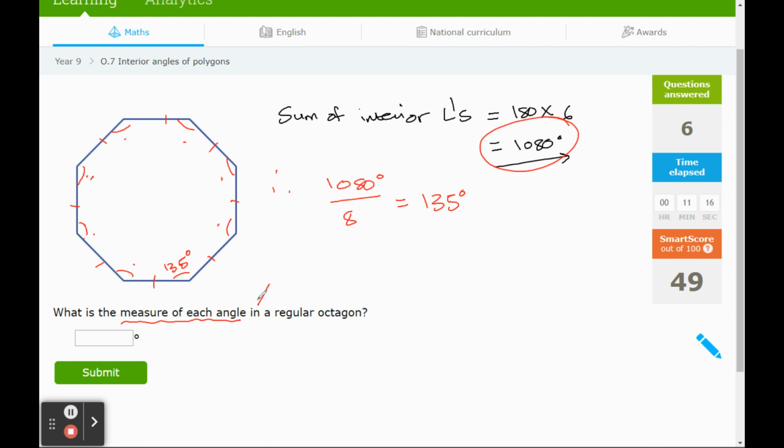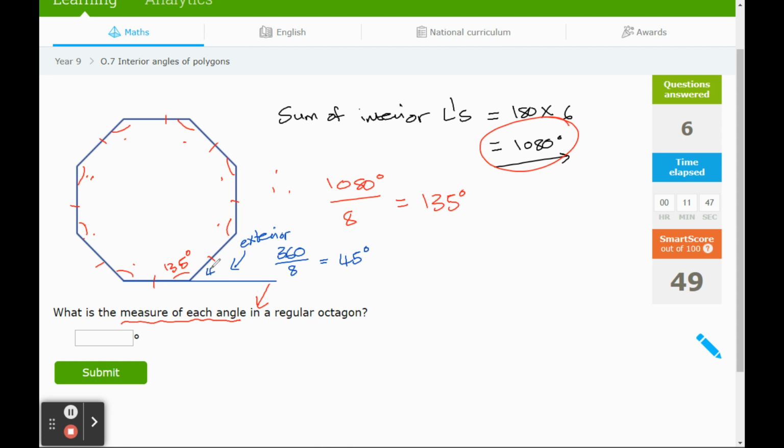And it says in a regular octagon. If we want to find the angle on the outside, that's called the exterior angle. And that would be, if I extend this line, then this angle on the outside becomes the exterior angle. The exterior angle is found using the formula 360 divided by the number of sides, and that is actually 45 degrees.